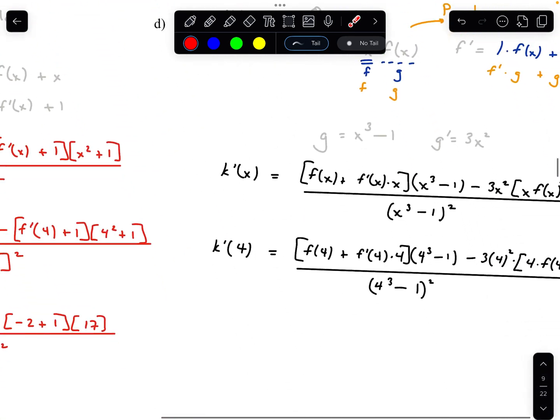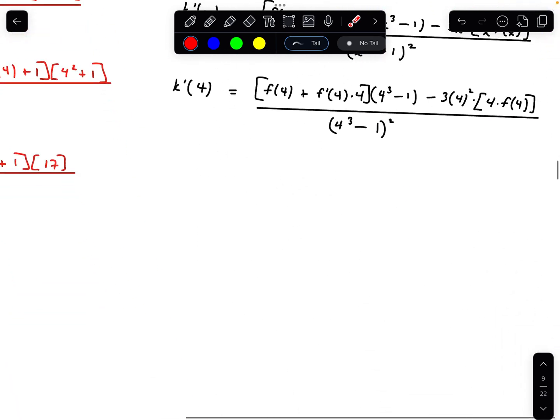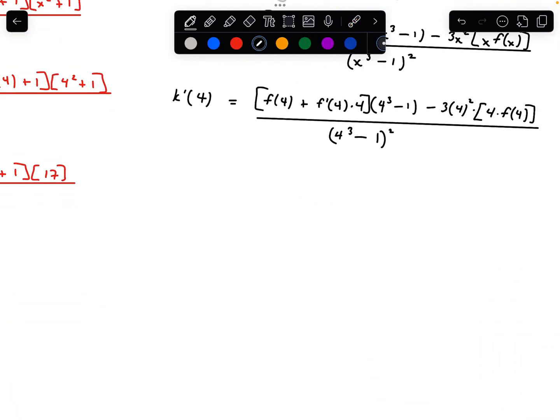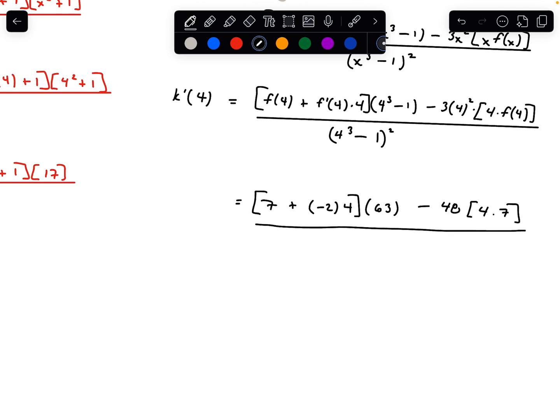So let's use that. F of 4 is 7. So this becomes 7 plus negative 2 times 4. 4 cubed minus 1 is 63. Minus 3 times 4 squared, 3 times 16 is 48. And that's 4 times 7, because f of 4 is 7, all over.